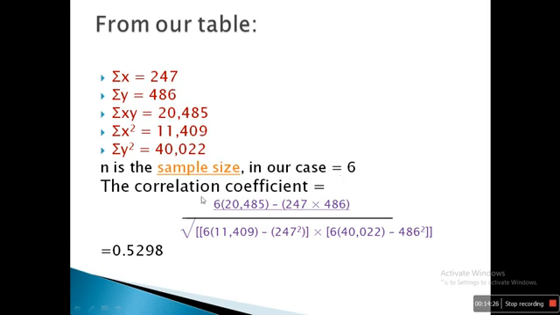Now let's calculate the correlation coefficient as per the formula. 6 multiplied by sigma xy minus sigma x into sigma y, upon, n multiplied by sigma x square minus square of sigma x, and then likewise 6 multiplied by 40,000, which is sigma y square, minus 486 square.